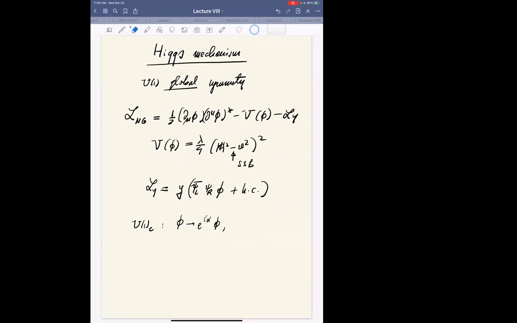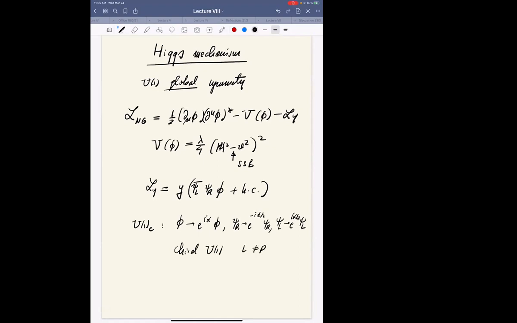So I chose ψ_R to e^{-iα/2} ψ_R, and ψ_L to e^{iα/2} ψ_L. Notice it's chiral. Left is different from right. That is the chiral U(1).